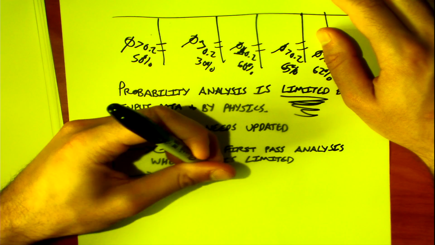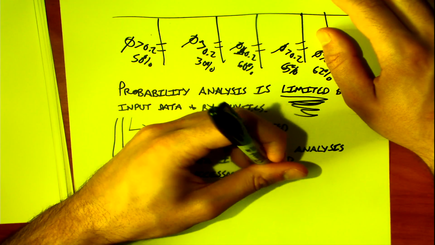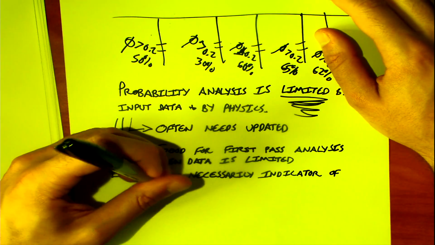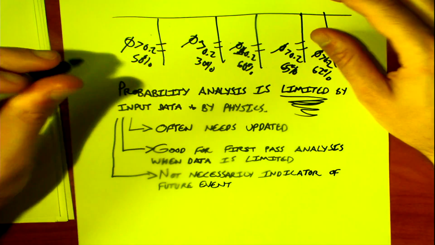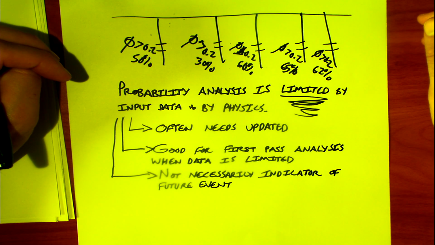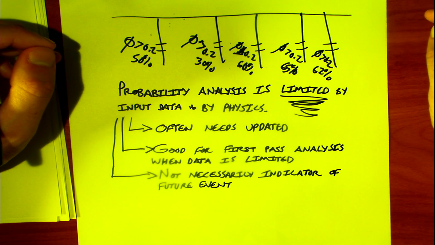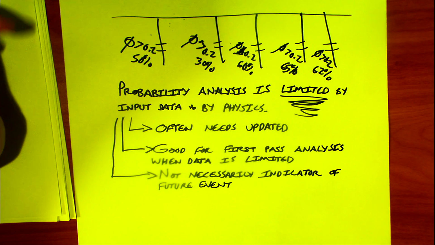And in the same vein, it's not necessarily an indicator of future events. It's just a guess based on what has happened there in the past. All right, because again, it's not a physical model. It's just based on what you know, this should be true. It's not based on what's there, because you're not actually measuring everything. That's why you're using a statistical model.